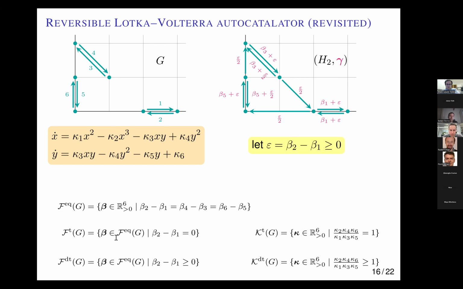And this shows me that the disguised toric flux cone is exactly all those equilibrium fluxes where beta 2 minus beta 1 is at least 0. And going back to the rate constants, that's just a very easy exercise. Therefore, we found that the disguised toric locus is exactly this set here.